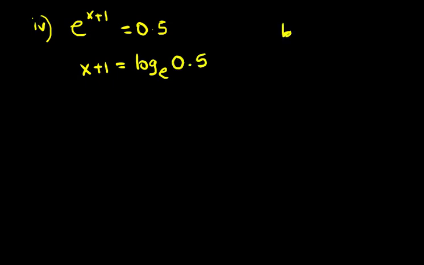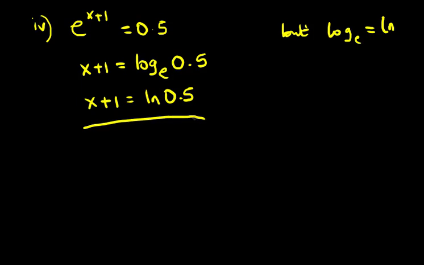But remember what we said: whenever we have log e, this is the same as ln. So we can express this as x plus 1 is equal to ln 0.5. We can still express it like this. So we are done with part B and part C.